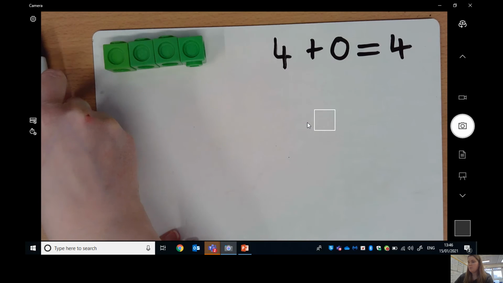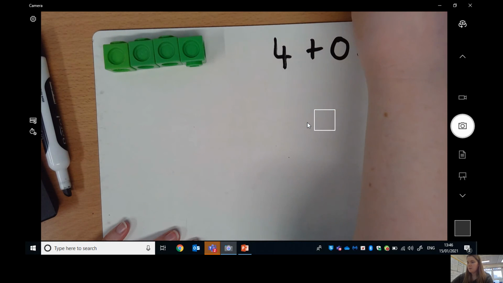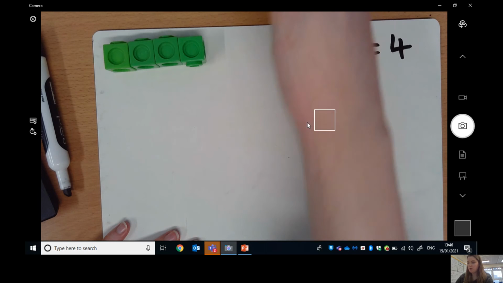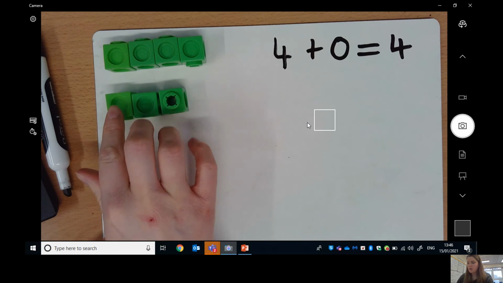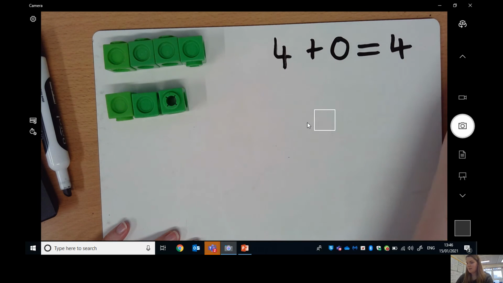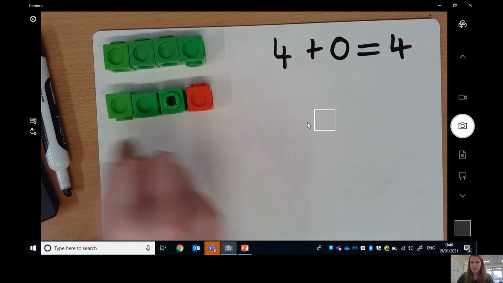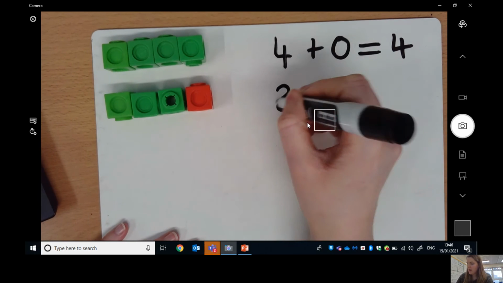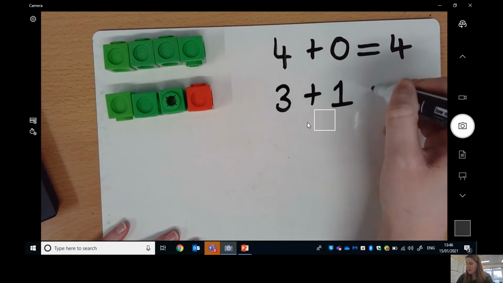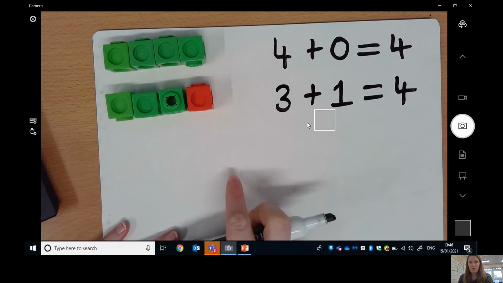This time, we're going to change out the cubes. So this time I'm going to look at 3 and 1. Have I still got 4? I do, because 3 and 1 added together make 4.